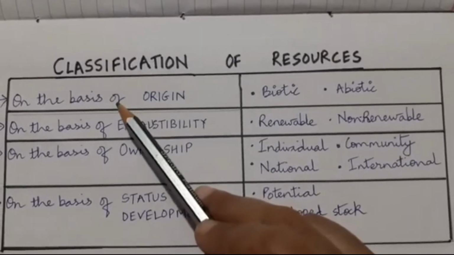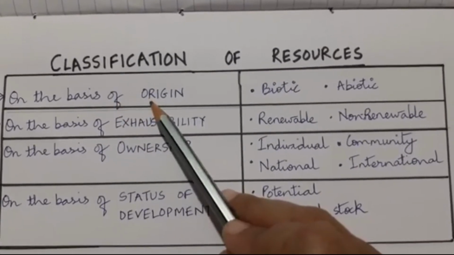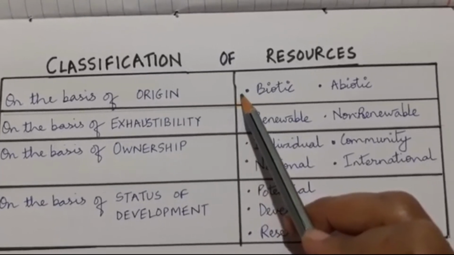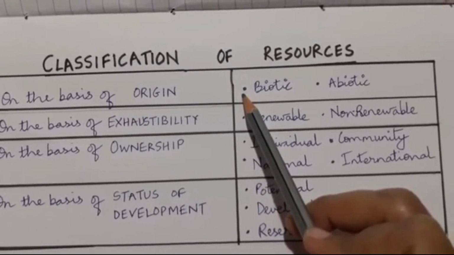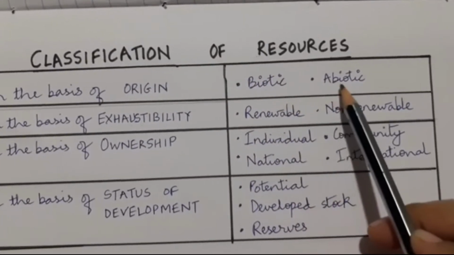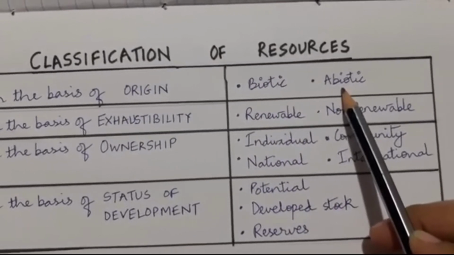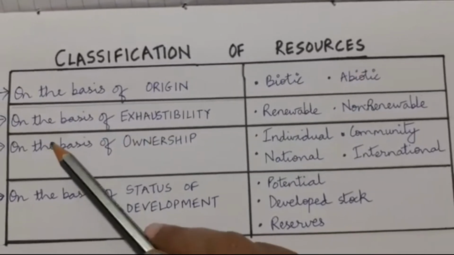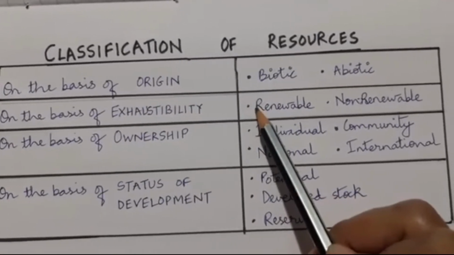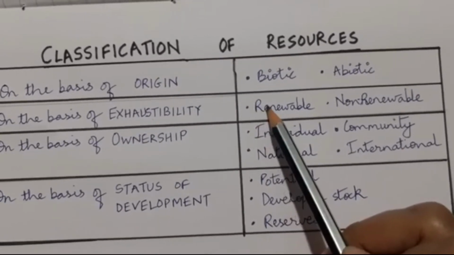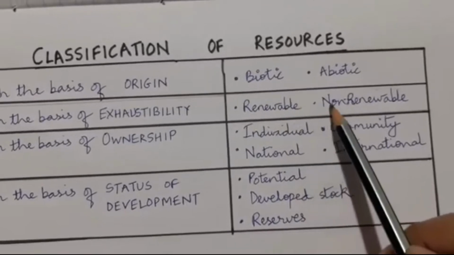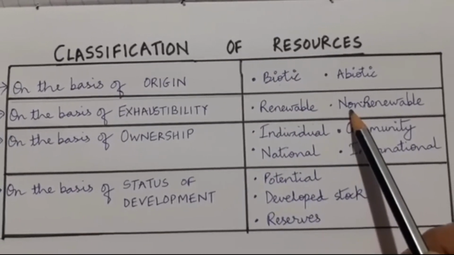On the basis of origin, resources can be broadly classified into two categories: biotic and abiotic resources. On the basis of exhaustibility, it can again be classified into two categories: renewable resources and non-renewable resources.